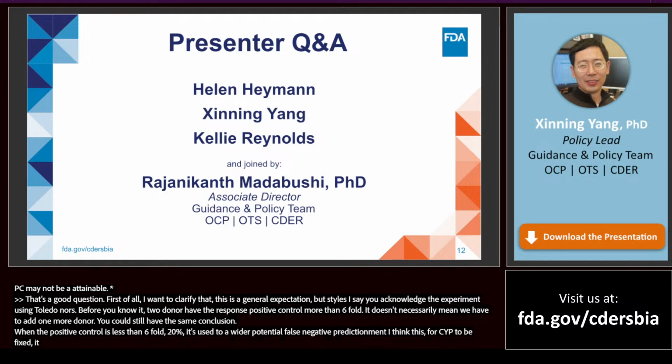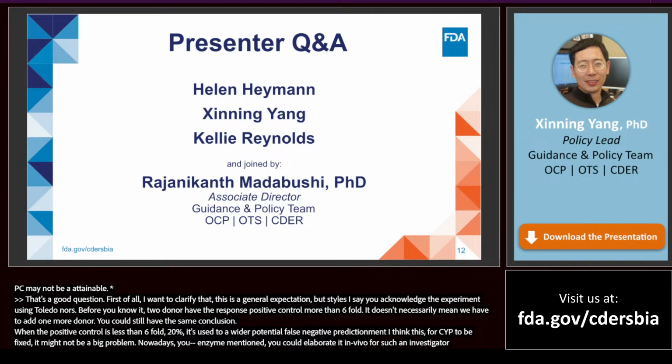For CYP1A2 and CYP3A, because nowadays the hepatocytes we use usually give a positive control response of six-fold, it's not even a problem for those at all. The issue is still mainly about the CYP2C enzymes. But as I mentioned in my presentation, we could leverage the in vivo induction effect of such an investigational drug on CYP3A.